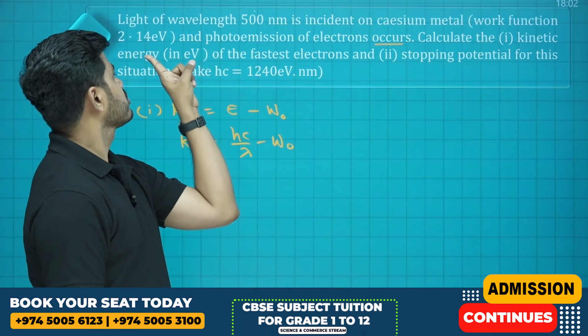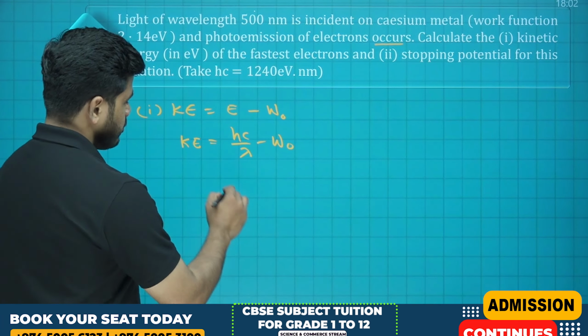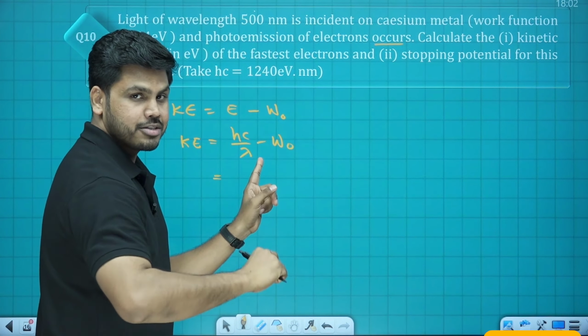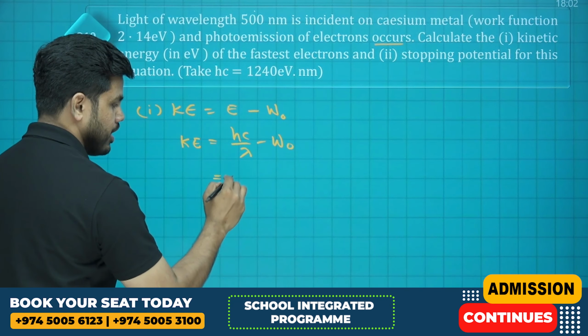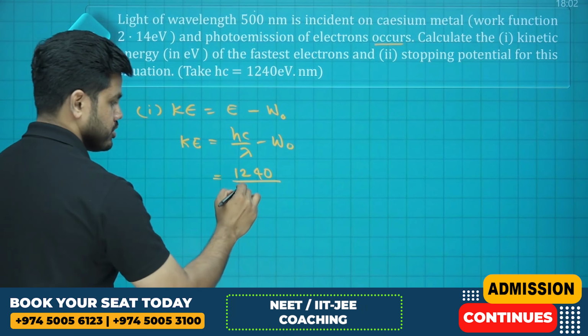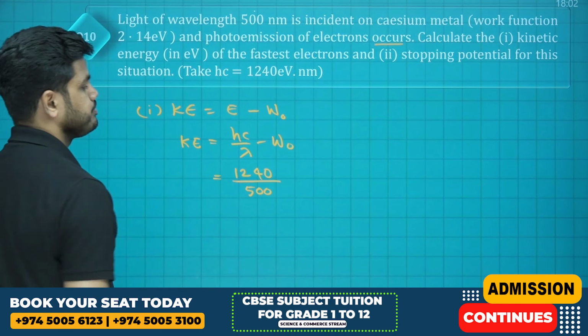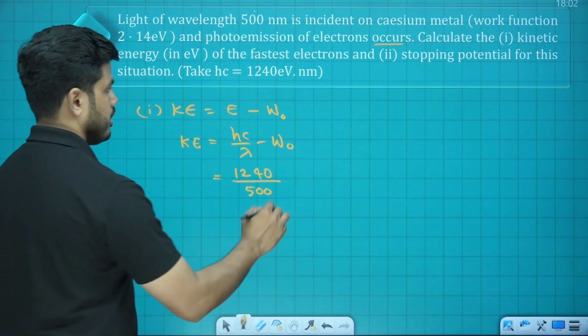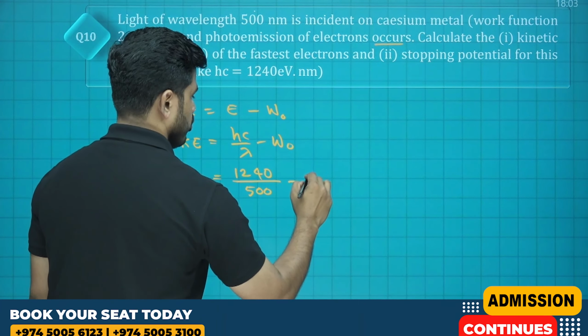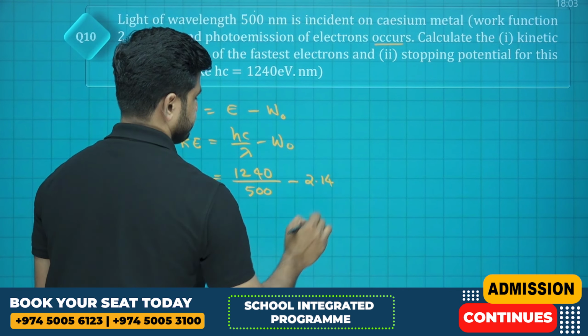This is already in electron volt. Some 2.14 is given. So we know how to calculate this, right? Wavelength is given in nanometers. We discussed that before, right? If the wavelength is in nanometer, then it is 1240 divided by wavelength in nanometer, which is 500, correct? 1240 divided by 500 minus 2.14 electron volt. Yes.